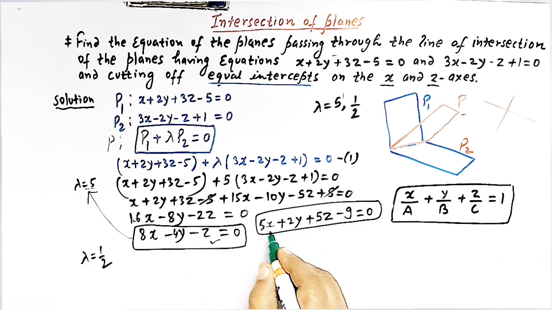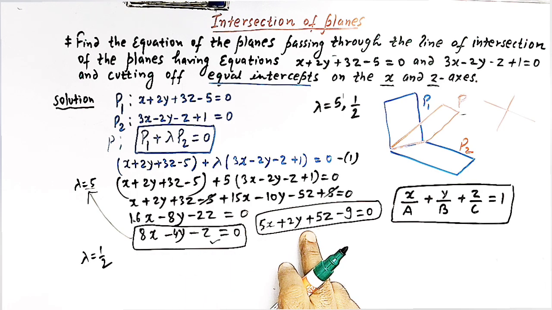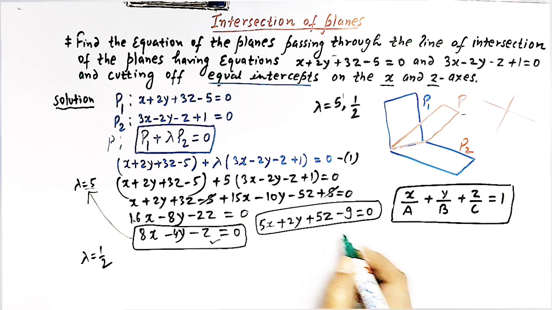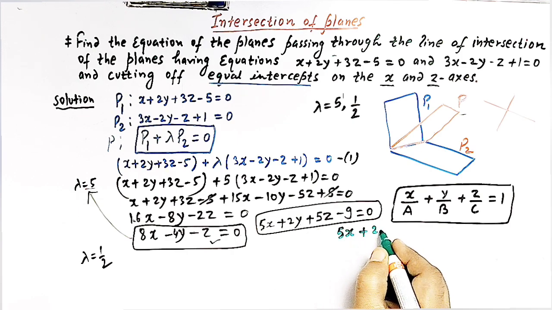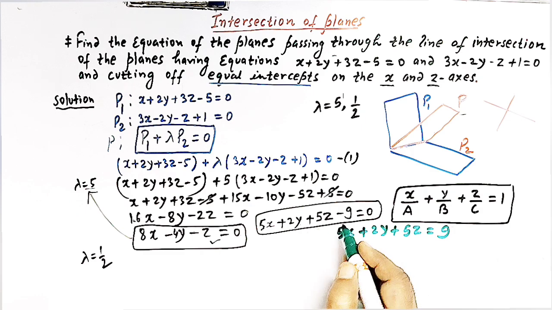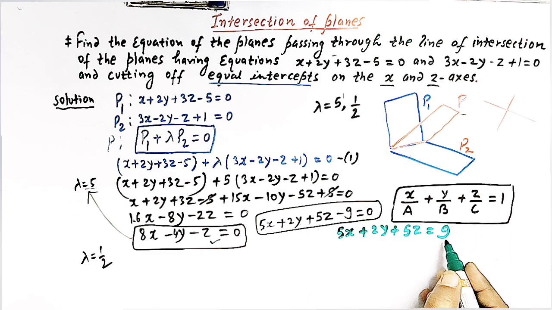So let us first convert this equation into the intercept form, right? So we can write here 5x plus 2y plus 5z is equal to 9. So taking this negative 9 to the right hand side, and let us divide both sides by 9.